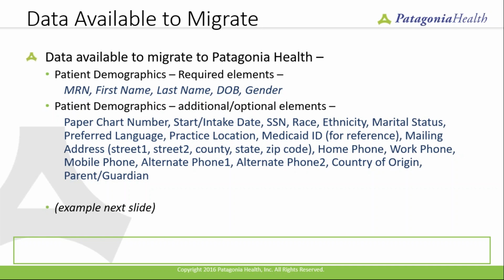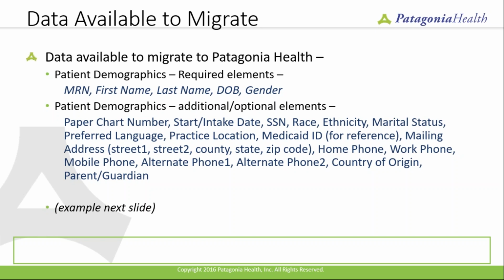If you have more than one practice location, you can indicate which location is this patient's primary office. We keep Medicaid ID in our patient registration file for convenience, as Medicaid recipients can frequently go on and off of coverage, and it's good to have an anchor for that information. It's entirely up to you to migrate that if you'd like.